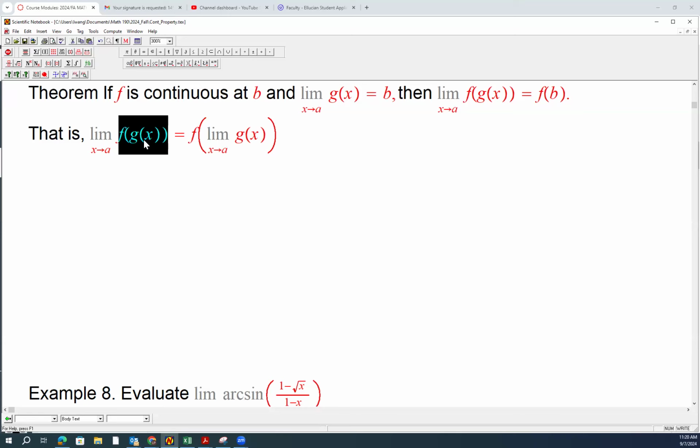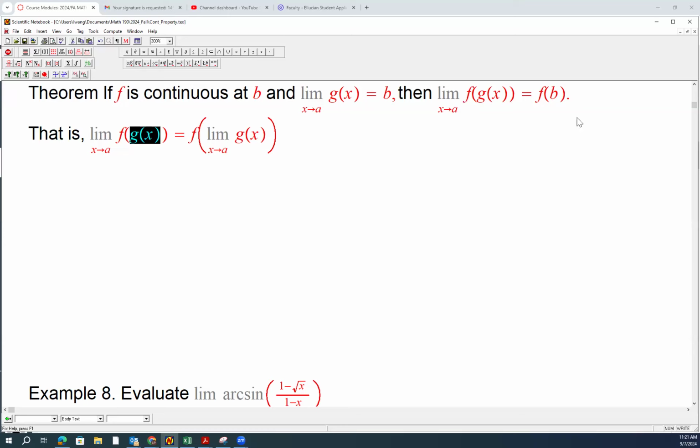We understand how this works. So f of g of x. First of all, f is continuous at b. And what is b? b is the limit of the function g as x approaches a.